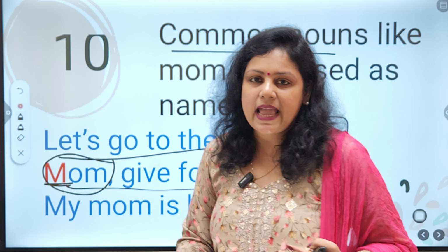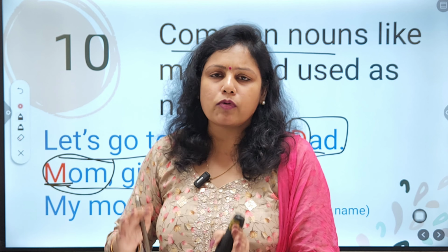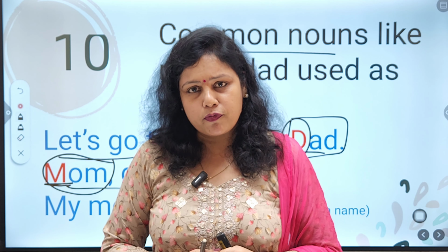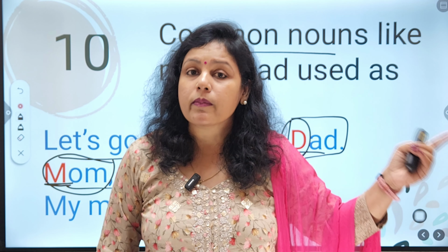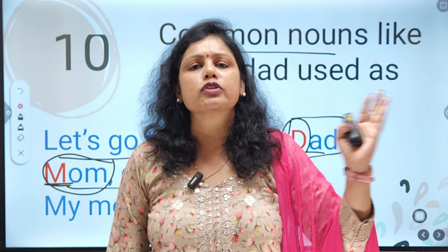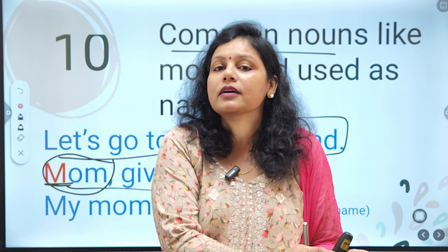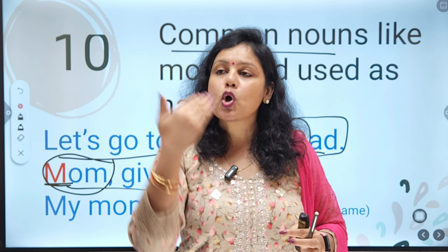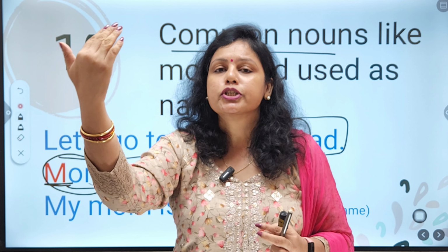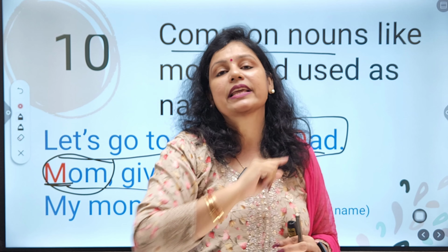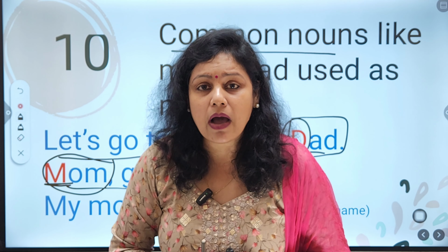Now if you are saying something to your friend about your mom or dad, like my mom is best, my mom gives me food, you're not talking to your mom, but you are telling something about your mom to your friend, right? So here mom is not the proper noun. Once you're talking directly to your mom, your dad, your brother, your sister, then only they will become the proper noun.